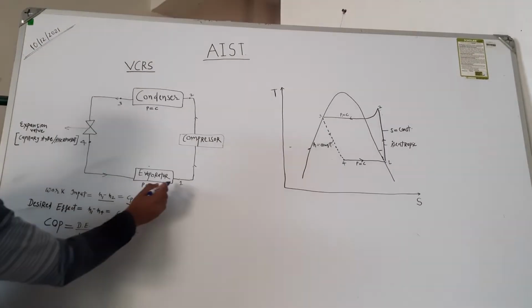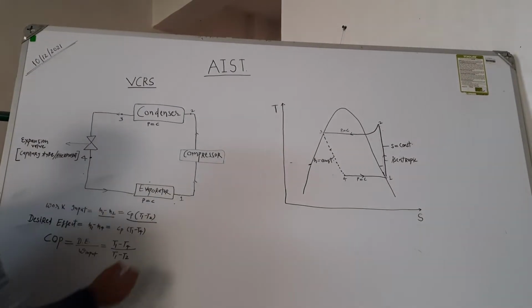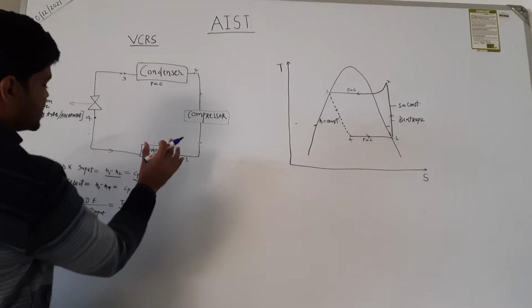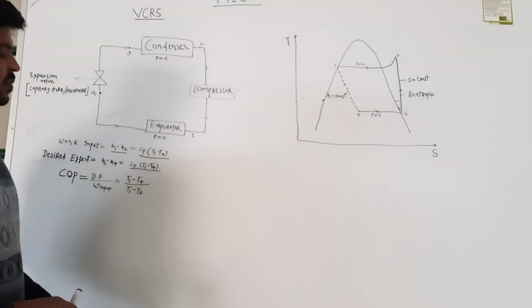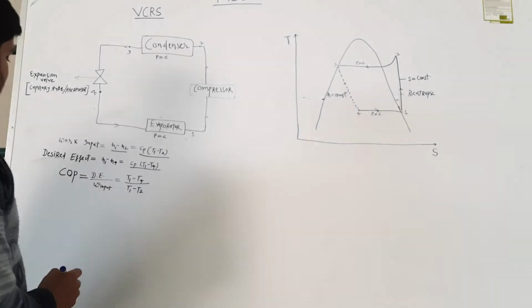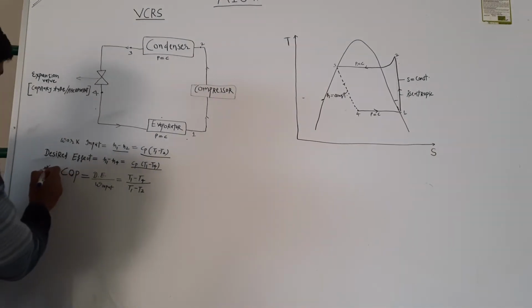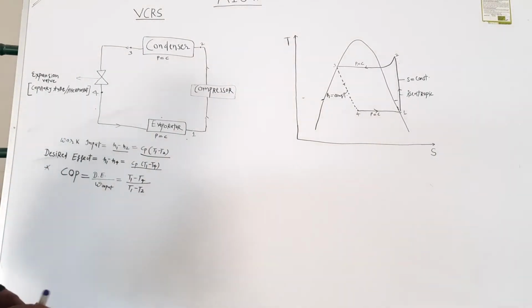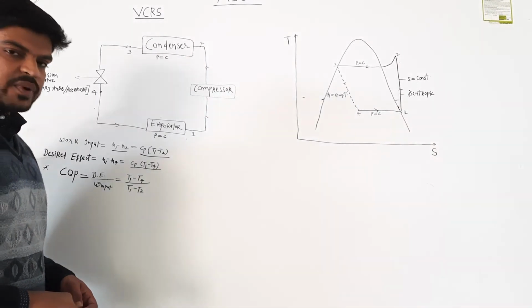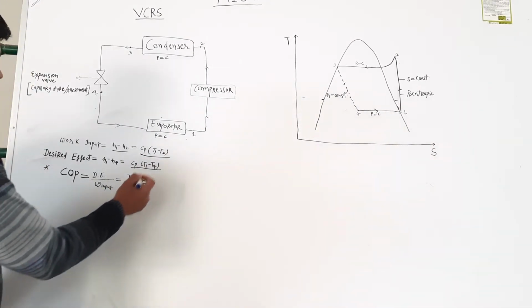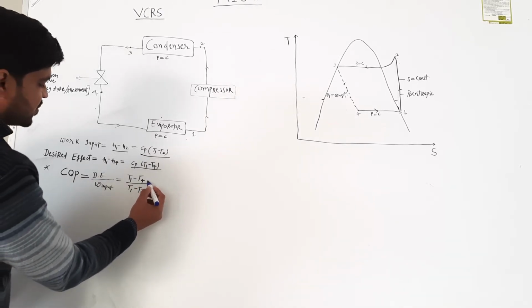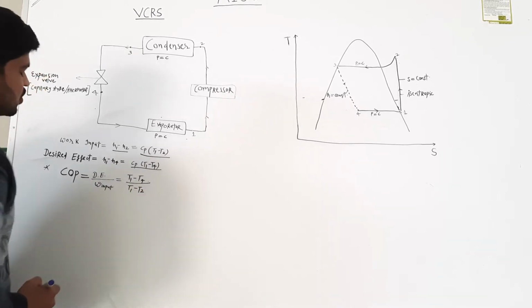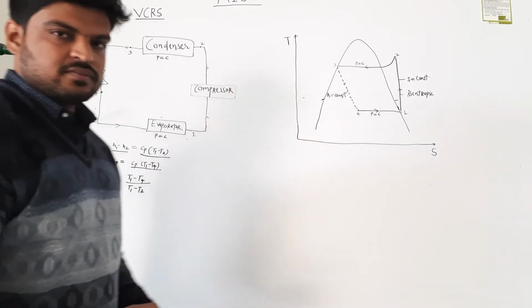So this is H1 minus H4, the enthalpy change in the evaporator. It can be written as Cp (T1 minus T4). The COP, as we know from the formula, is the ratio of the desired effect to the work input to the compressor. So after getting all four temperatures in the experiment, we can simply put the temperature values in and get the coefficient of performance of the system.